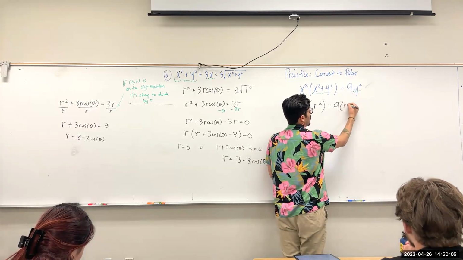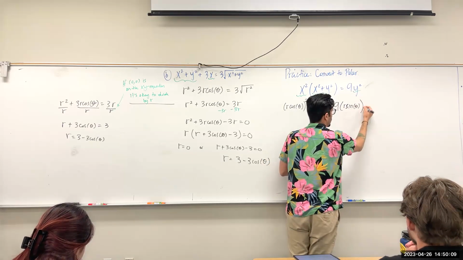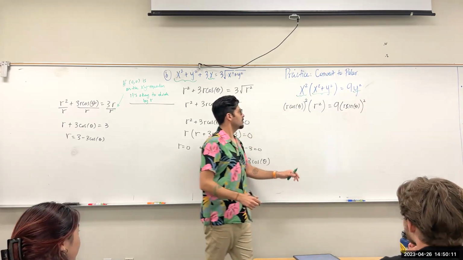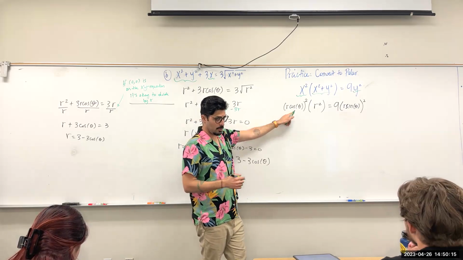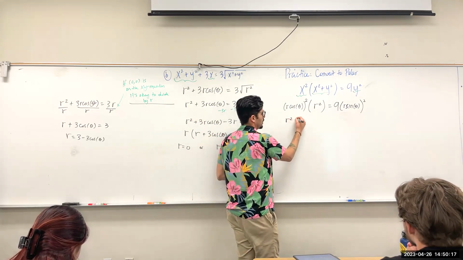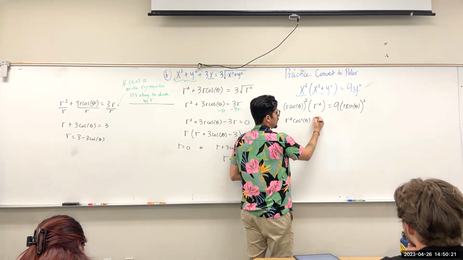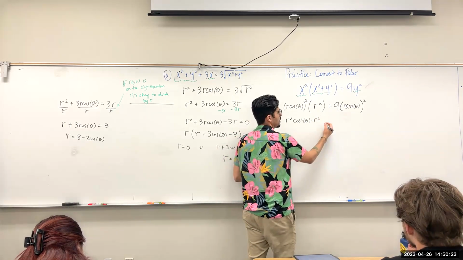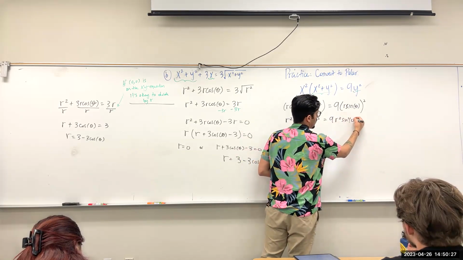That replaced with R sine theta. That whole thing squared. So here's where you guys have to be careful. If I square this whole thing, both the R and the cosine are squared. So you need to write it like this. And then this is just times R squared. 9 R squared sine squared of theta. Cool?